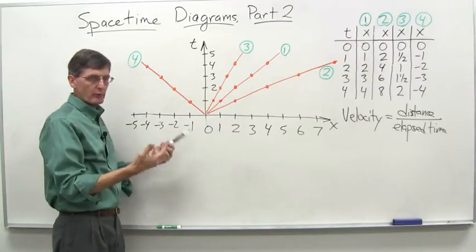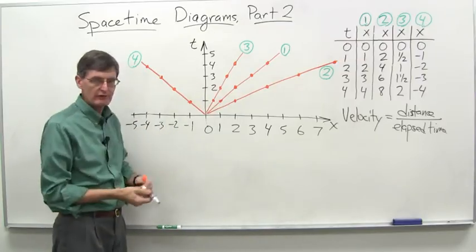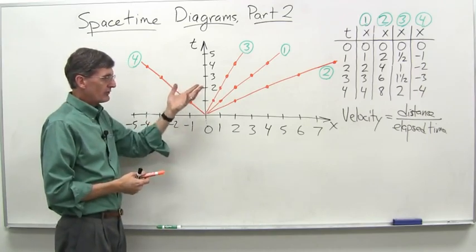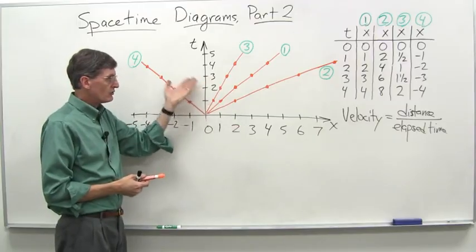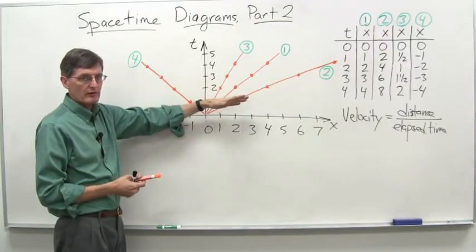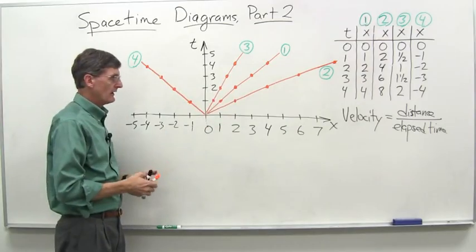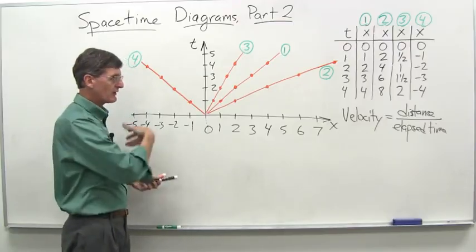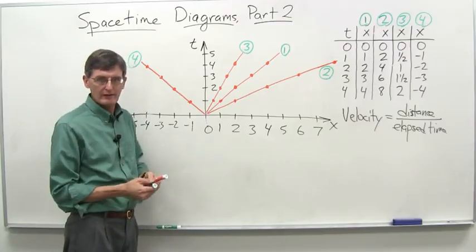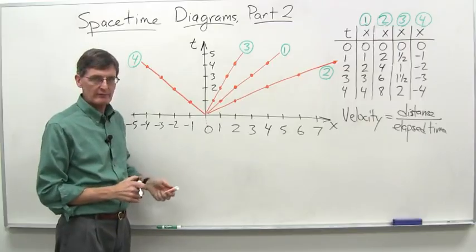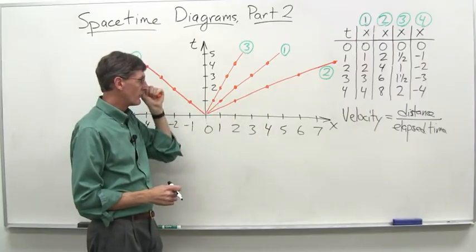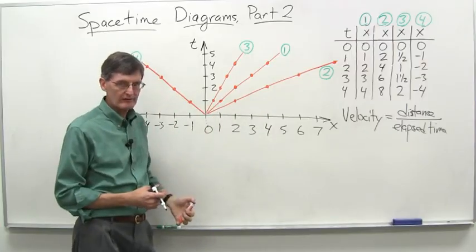Okay, what's the big point here? Because that's pretty straightforward, maybe pretty obvious. Well, let's relate the velocity here to the slope of these lines. And for those of you who haven't had math recently, don't worry, we're not going to do too much with slope. Way back in your memory it may be there, but you haven't done much with it for a long time, so we're not going to go into the details too much.